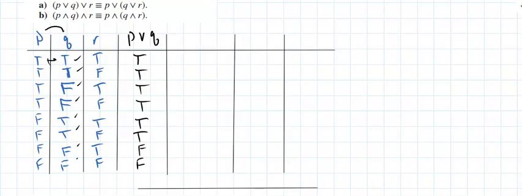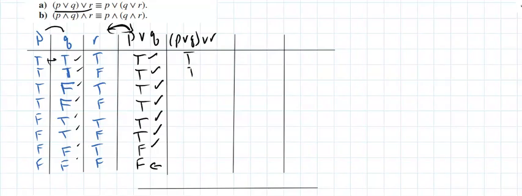Now if I take P or Q, or R, now I'm looking at those two. If one of them is true, it's automatically true. So the only false is the last one, because they're both false.